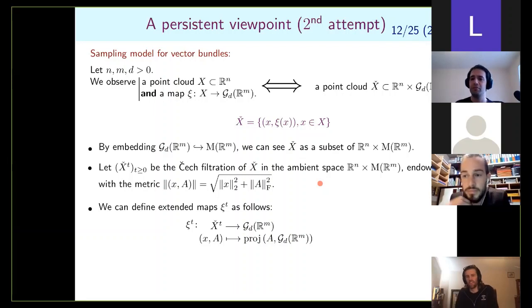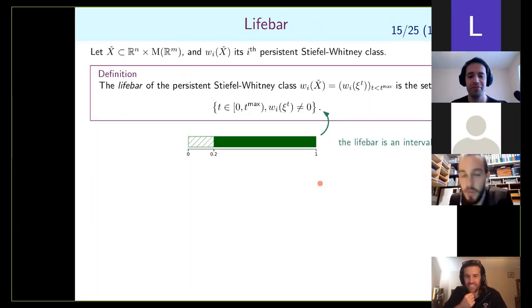Mm-hmm. And then one more question. Do these life bars ever appear, disappear, and reappear again, or are they always just one bar? No, if they appear, it doesn't disappear.